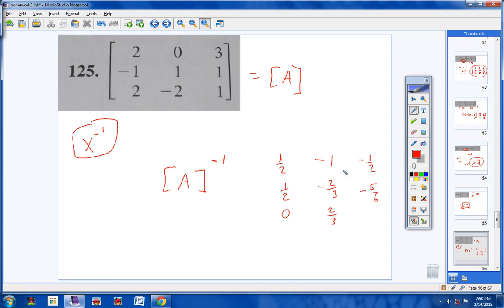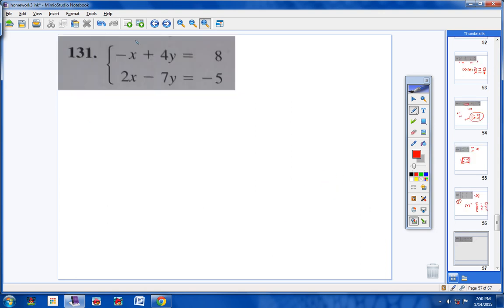And then 1/3. This matrix here is what you should get out on your calculator. Remember, by the way, if you have a bunch of decimals and you want fractions, hit math, enter, enter, and it will convert it all to fractions for you, okay? But this is the correct answer. Okay, moving on to number 131.